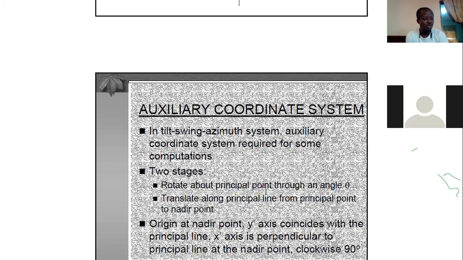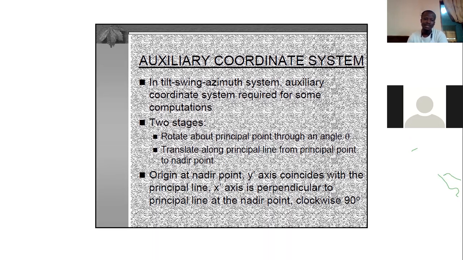To be able to appreciate coordinates for the tilted photograph, you need what we call an auxiliary coordinate system. The auxiliary coordinate system is required. It's very important, I'm just repeating myself. There are two forms of the transformation. We have the rotation, then we have the translation.